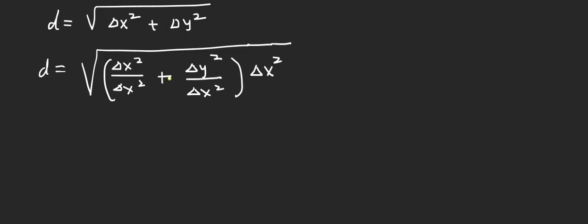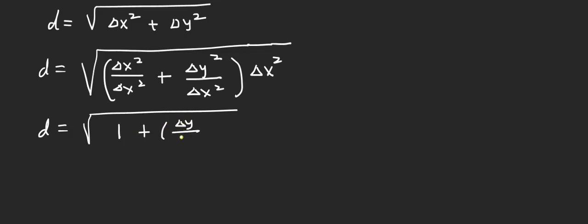I just rewrote it. Now, why did I write it like this? Well, now you can simplify as the square root of 1 plus quantity delta y over delta x squared.